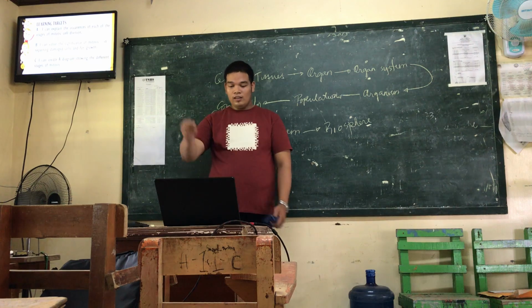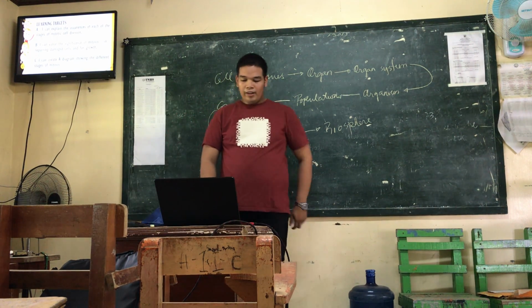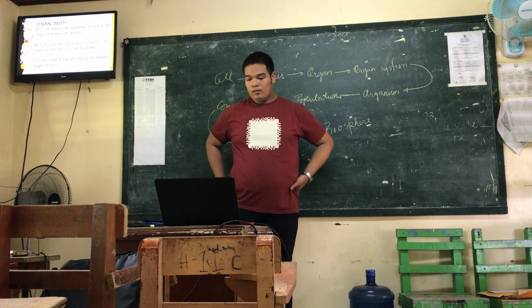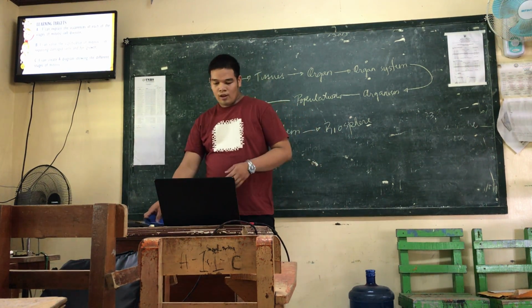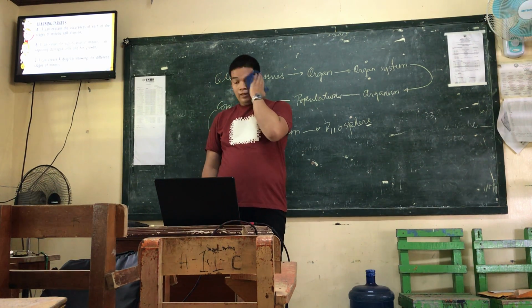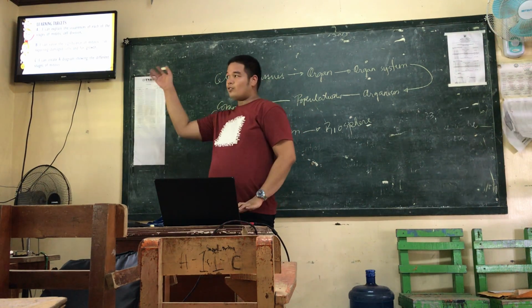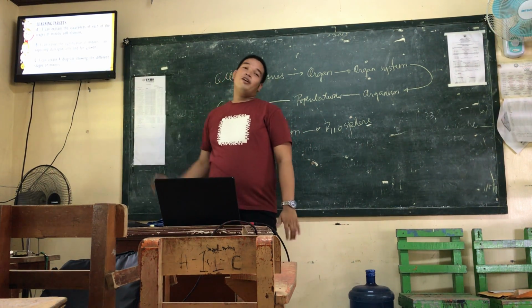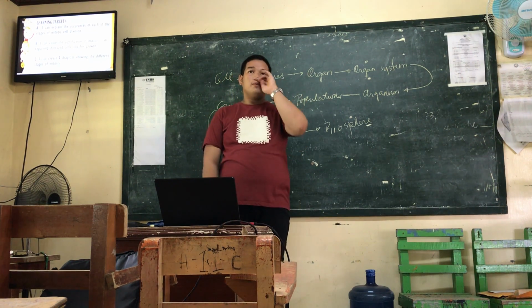The second: I can value the significance of mitosis in repairing damaged cells and for growth. And the third: I can create a diagram showing the different stages of mitosis. At the end of the lesson, you should absorb all of these learning targets.